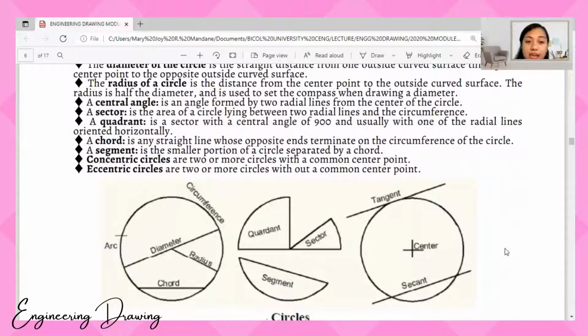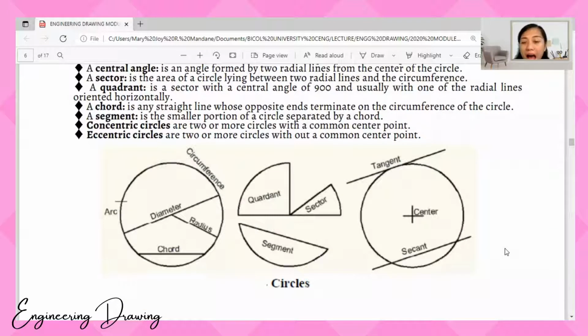And a chord is any straight line whose opposite ends terminate on the circumference of the circle. And a segment is the smaller portion of the circle separated by a chord, and concentric circles are two or more circles with a common center point. And eccentric circles are two or more circles without a common center point.